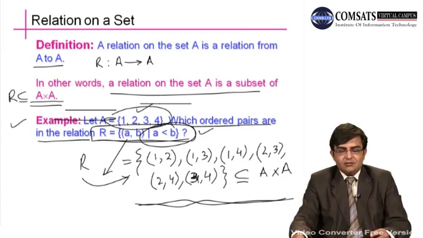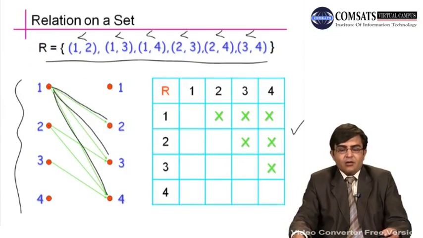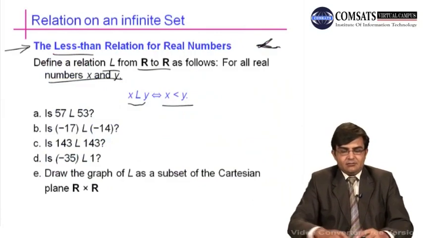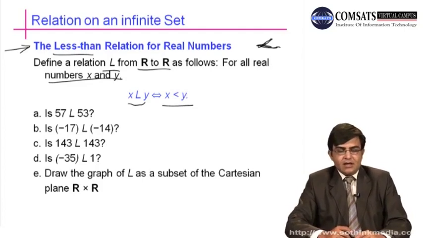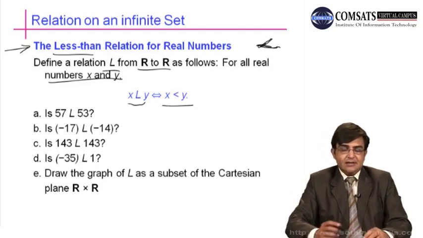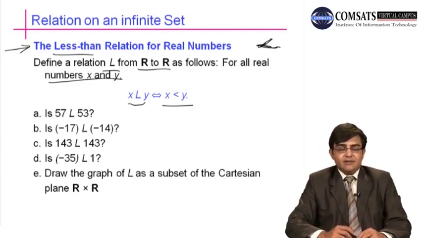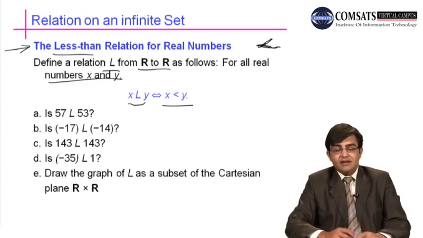Now the same relation we have defined on the set of real numbers. The relation L between the elements of R is: if we have 2 elements x and y of R, then x is related to y if and only if x is less than y.